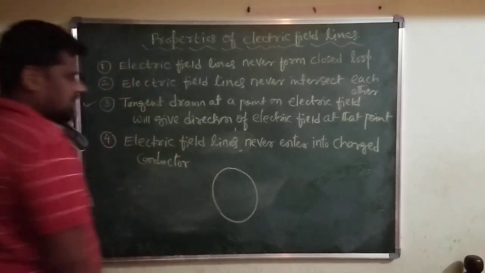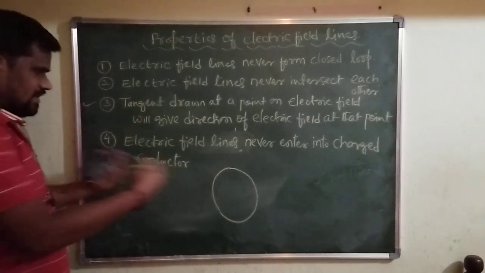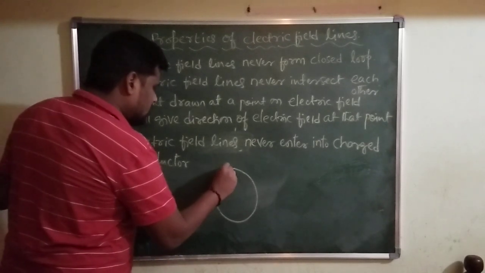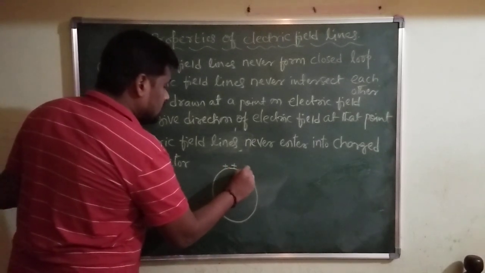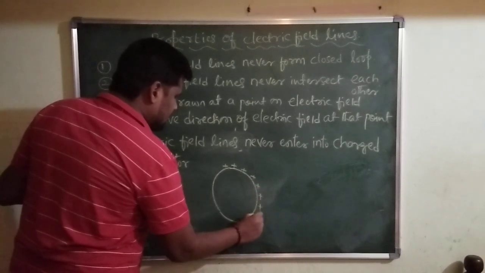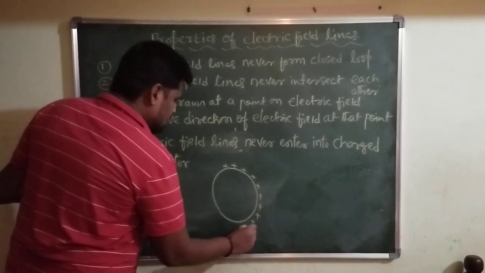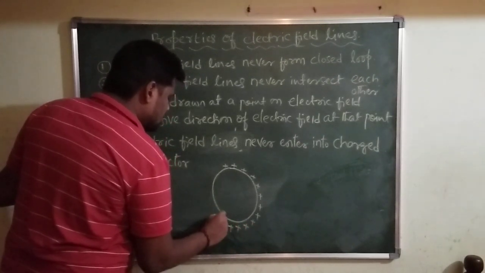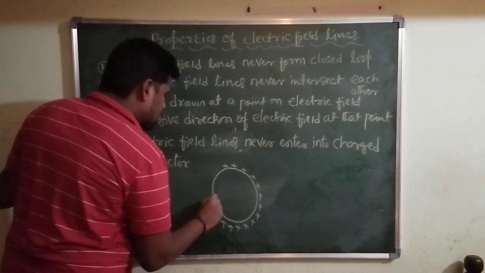When this body is charged, for example, imagine that it has positive charge, charges will reside on the outer surface of the conductor. When any conductor is charged, charges reside on the outer surface of the conductor.